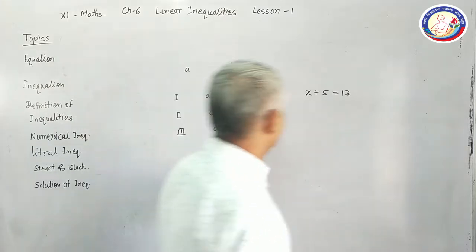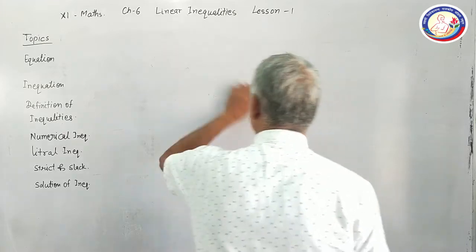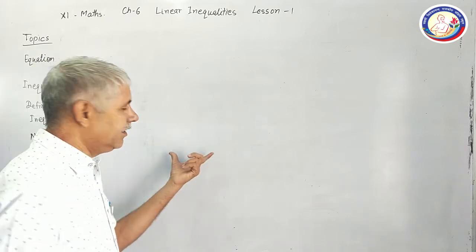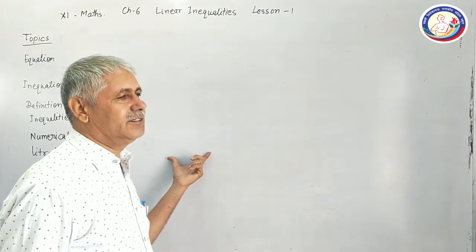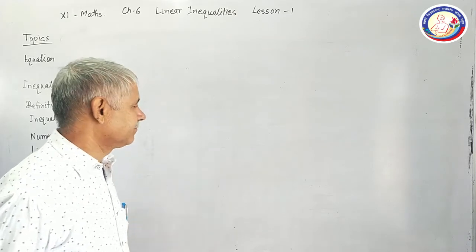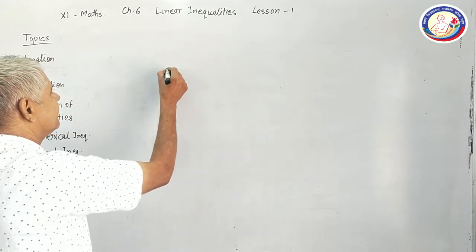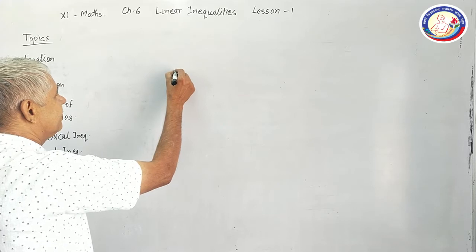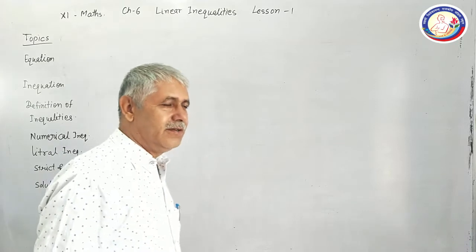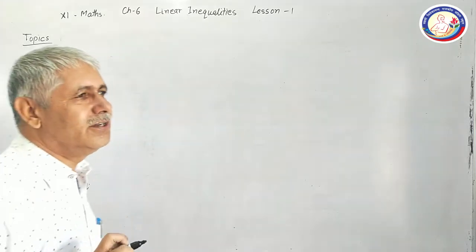Now, how can we solve equations? We have understood in previous classes degree and order of any equation, we have gone through this. I am taking only linear equation. If there is any equation which contains one variable and highest power of the variable or variables is 1, then that is called linear equation.